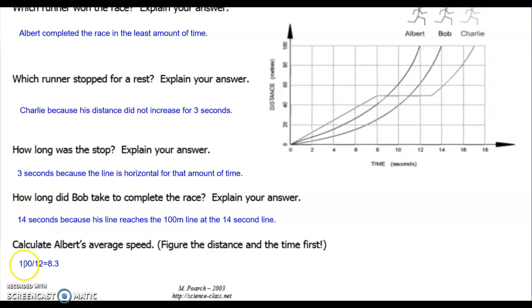So we take 100 divided by 12, and that equals 8.3 or 8 3/10. Or you may have had 8 and 33 over 100, depending on whether it was a fraction or a decimal. It's still the same.